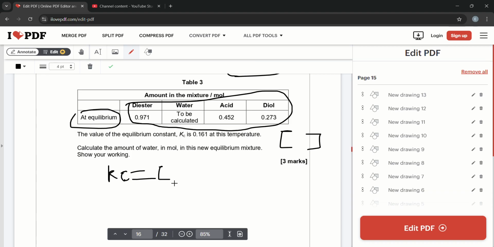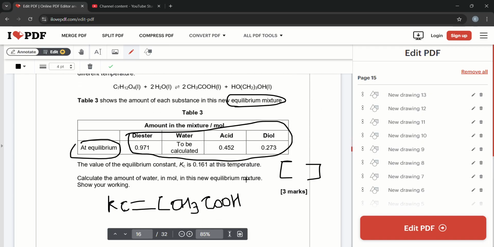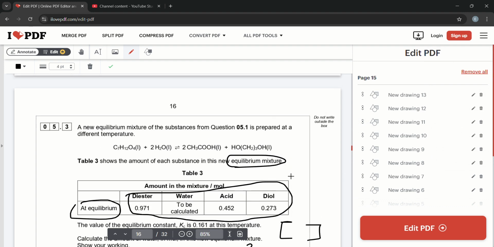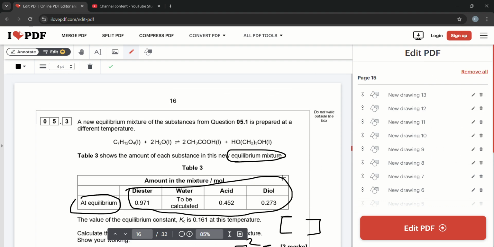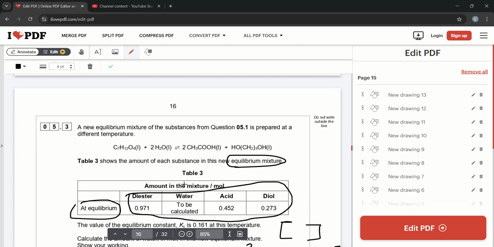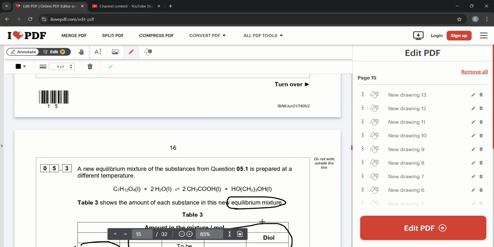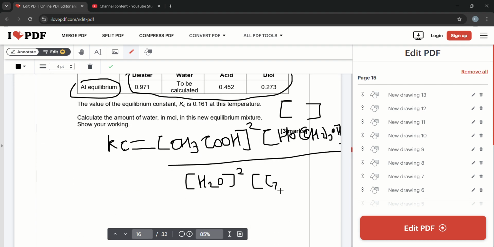So it's going to be [CH3COOH] squared times [HOCH2CH2CH2OH], divided by [H2O] squared, because we've got 2 moles of it, and [C7H12O4].